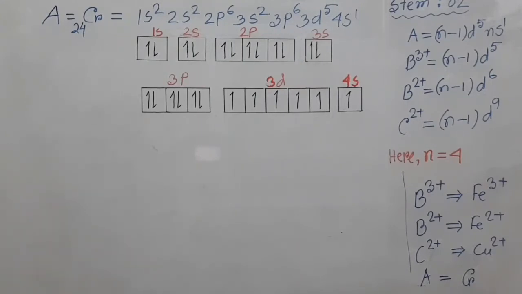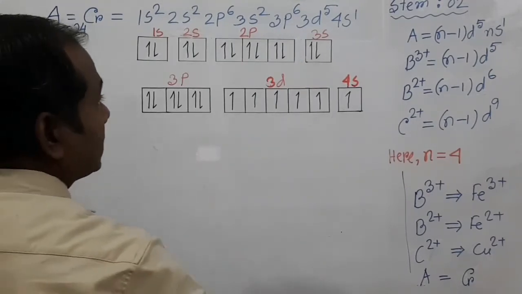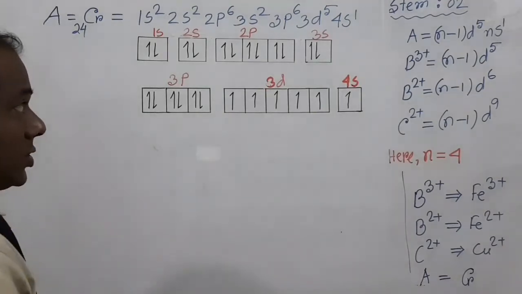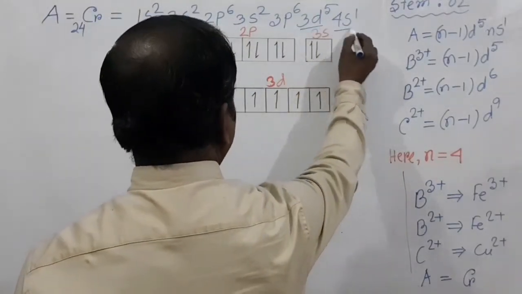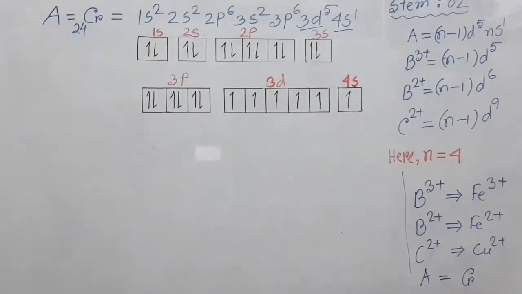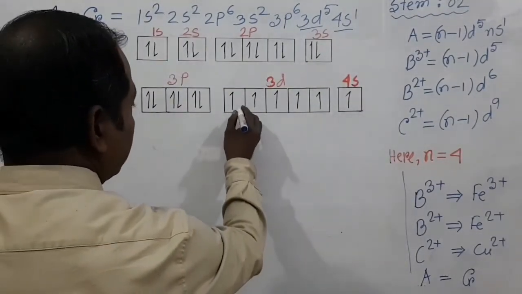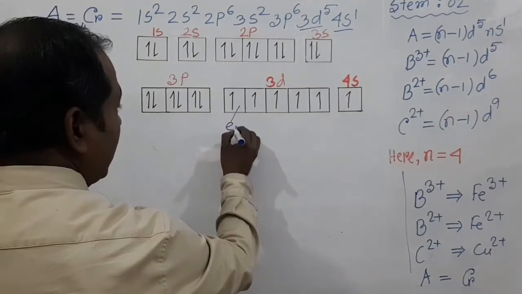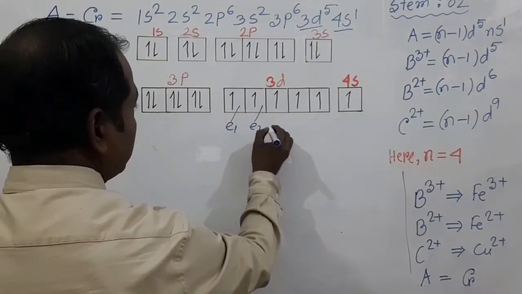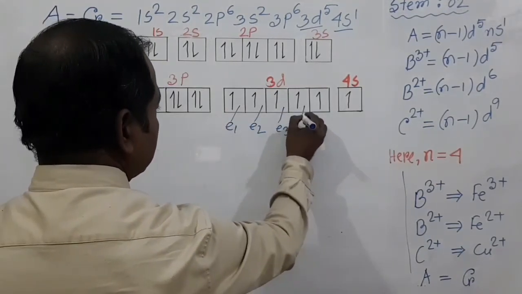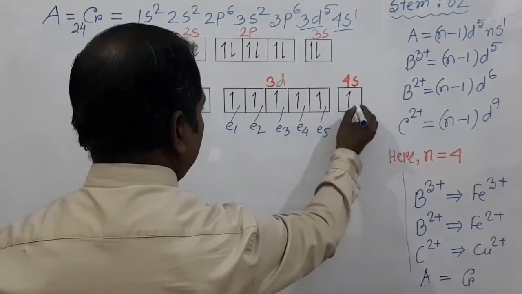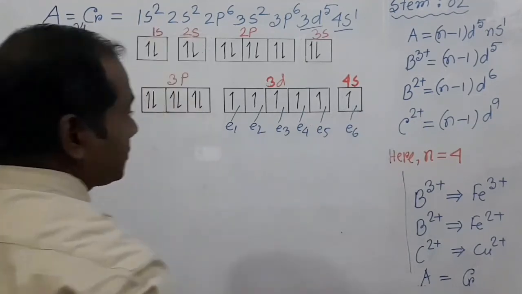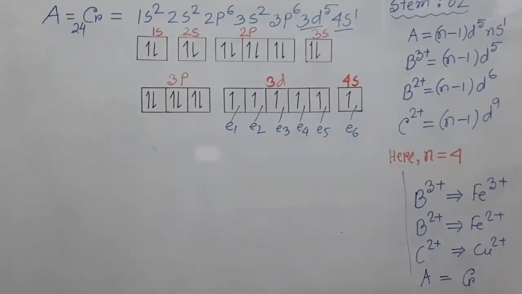If we see the electronic configuration, we can say that the last 6 electrons are present in the 3d5 and 4s1 orbitals. So if we number these electrons, this is E1, this is E2, this is E3, E4, E5 and E6.